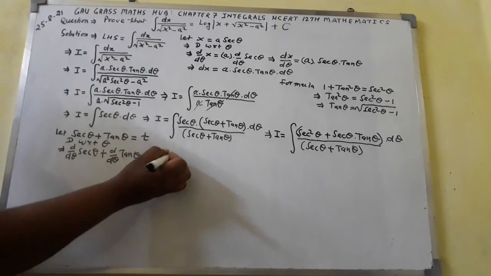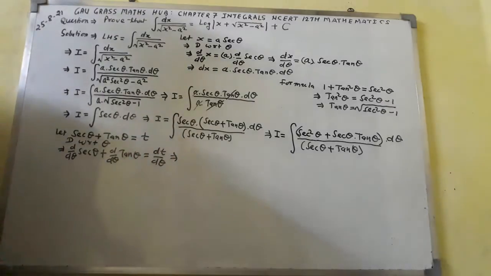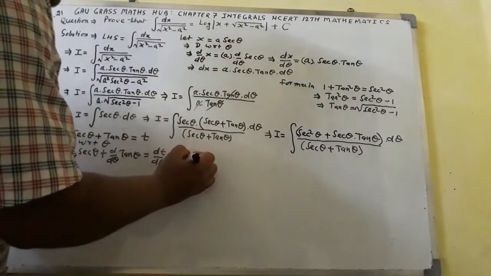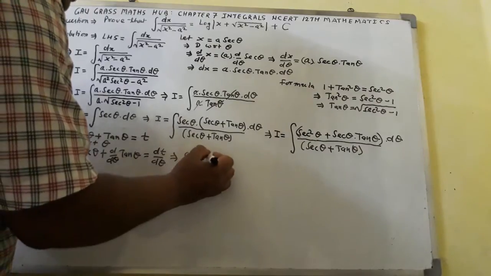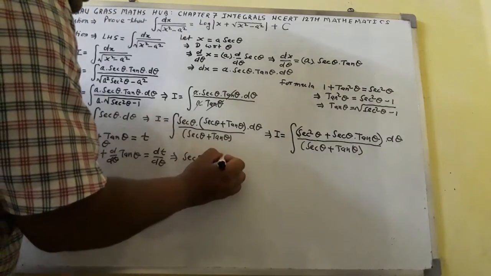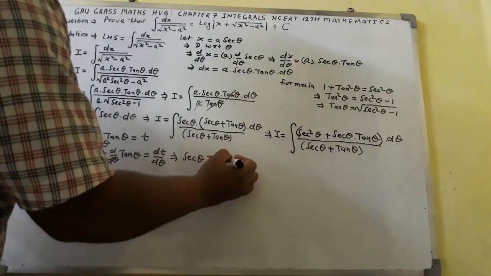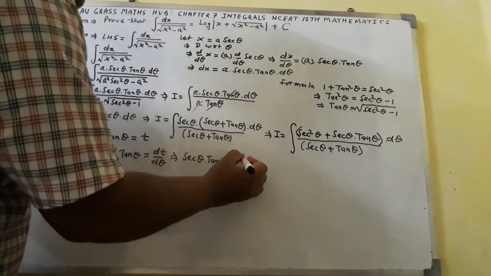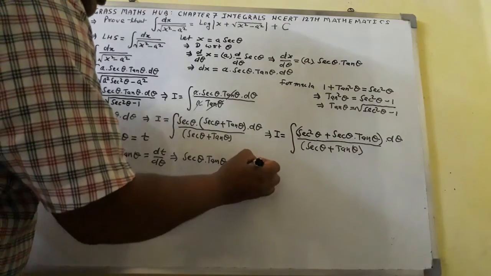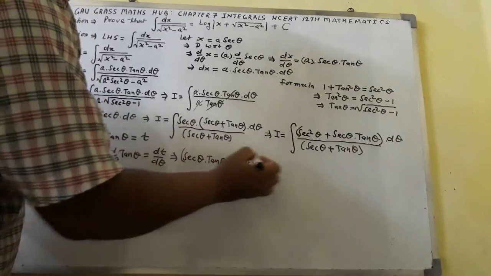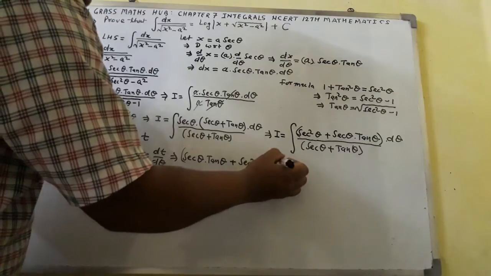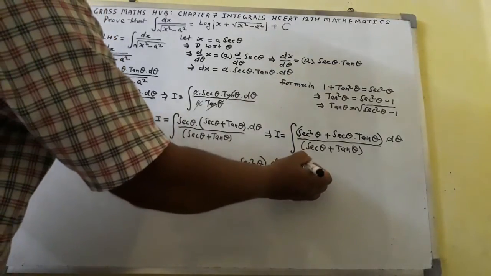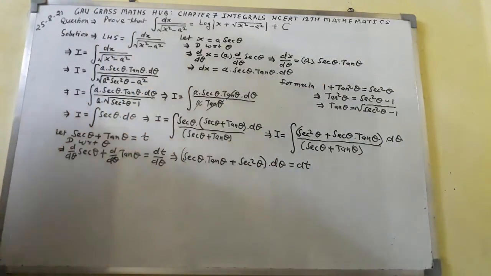We shall get, implies that d over d theta of sec theta comes out to be sec theta dot tan theta plus d over d theta of tan theta comes out to be sec square theta, dot d theta equal to dt. This thing will be written.